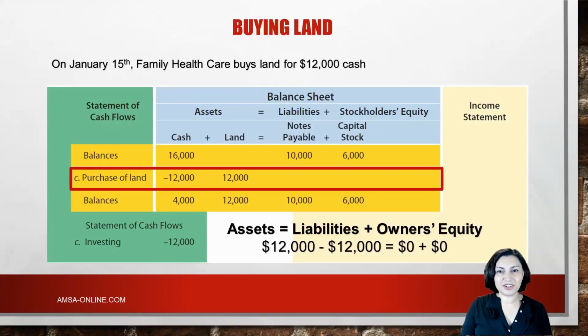In the next transaction, Family Healthcare buys land for $12,000 cash. Will the land account increase or decrease? How about the cash account? Will it increase or decrease? Because we paid cash, it decreased, and because we got land, the land account increased.